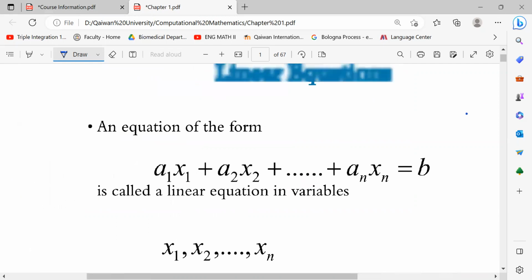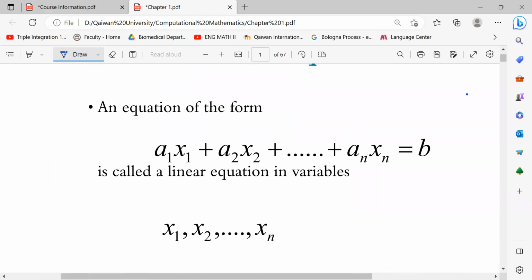For a linear equation, the exponent of all variables must be 1. Here the exponent of this variable is 1. I mean the power, okay? The power of all variables must be 1. As you see, a1x1 plus a2x2 plus up to anxn.